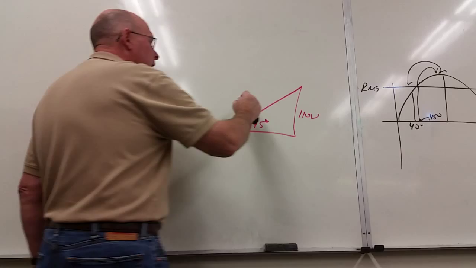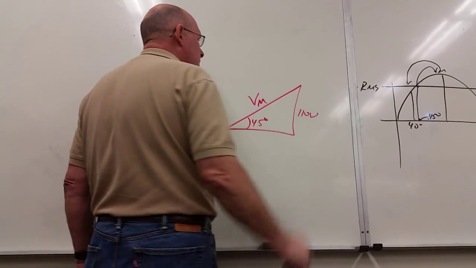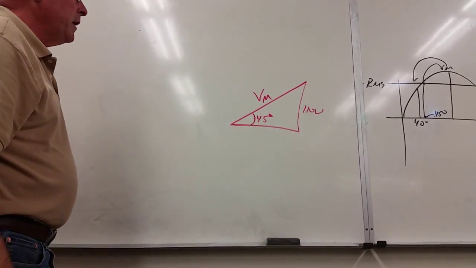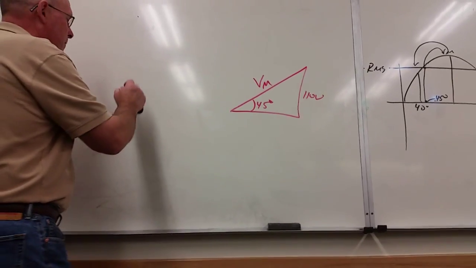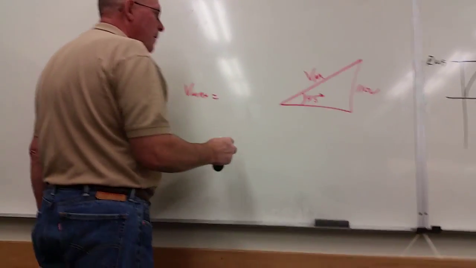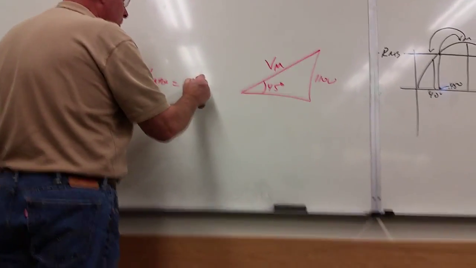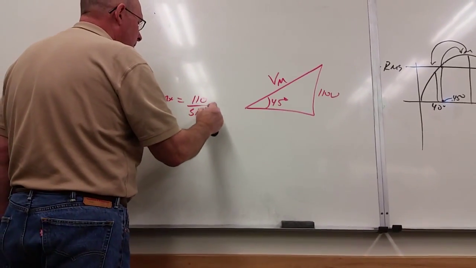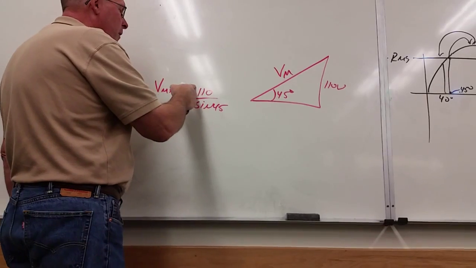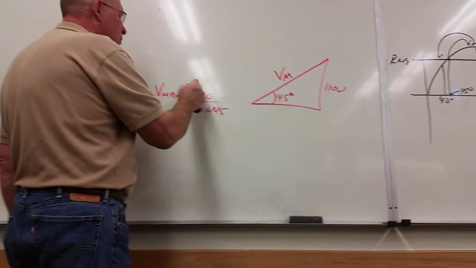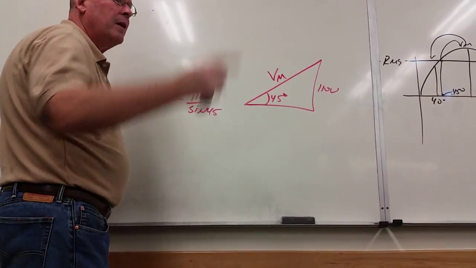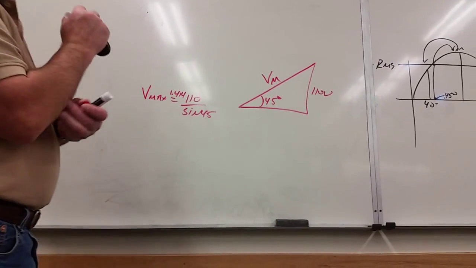And now we've got to get to the V max. So what's our formula going to be? V max equals 110 over sine 45. Or we can multiply this by 1.414, right?